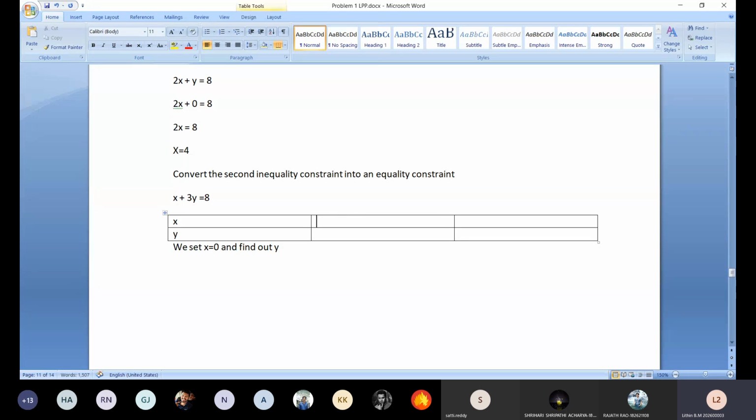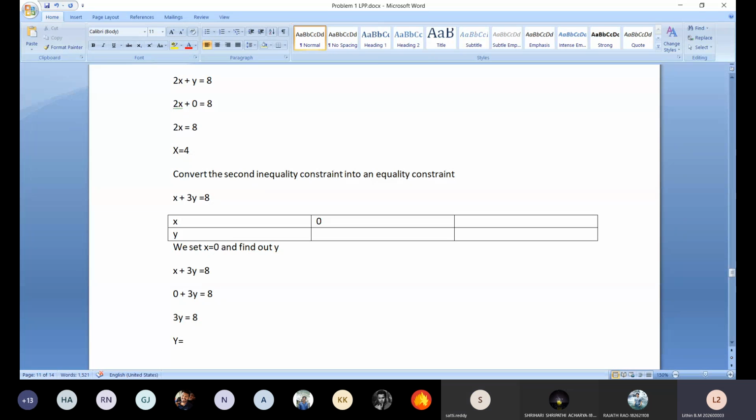So let me set x as 0. Okay, I've set it. Now I'll take the same equation and place the values. So I've set x as 0 plus 3y, okay, 3y equals to 8. So 3y equals to 8. So what is y?